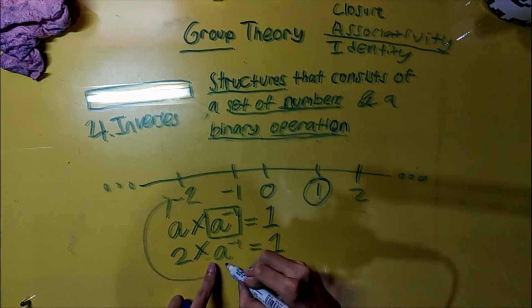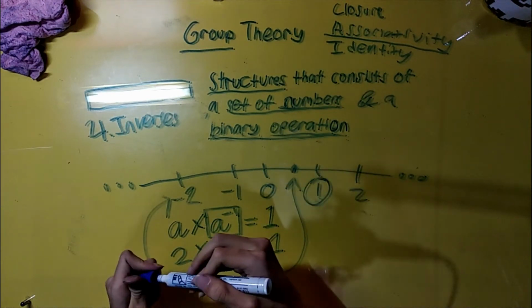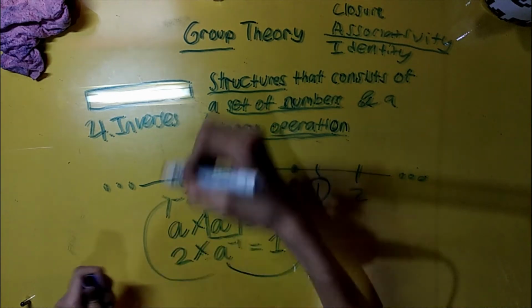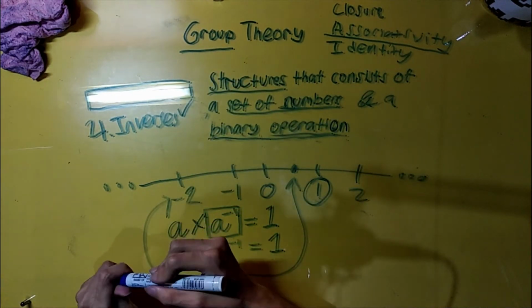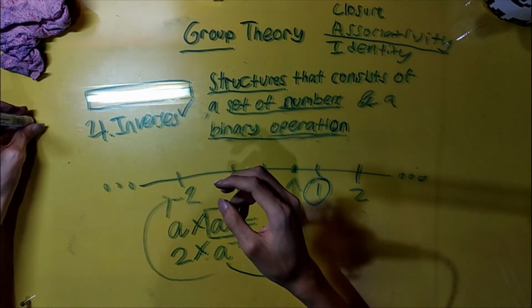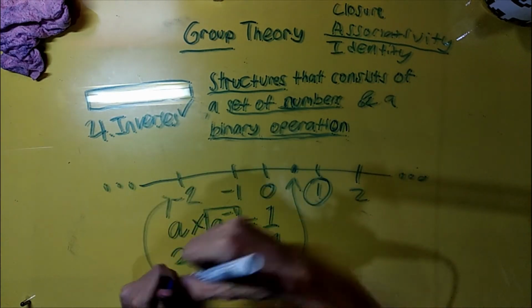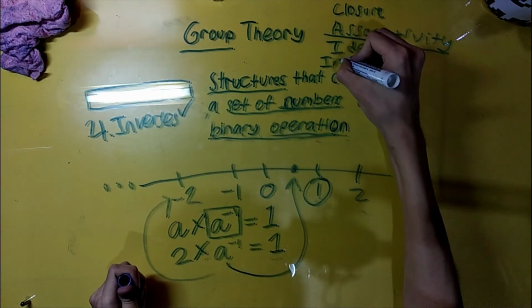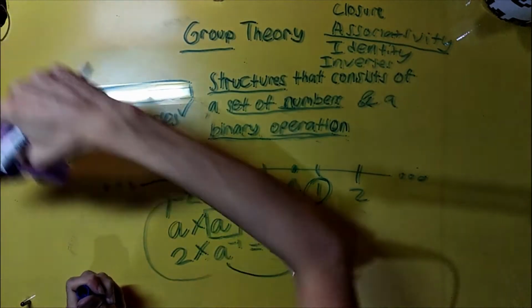Well, yeah, it's 1/2. 1/2 does exist, and so the inverse exists for any number. If you have 3, the inverse is 1/3. If you have 4, the inverse is 1/4. And thus, this number system completely satisfies all 4 conditions that make it a group.